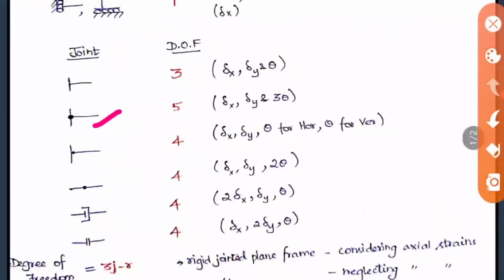For all these it's 4 only, but the deformation set varies here. For the first case it is delta x, delta y and two rotations, and in the second case deformation also happens in two directions. Here also deformation, and one y deformation and only one rotation will be happening. So it differs for each.